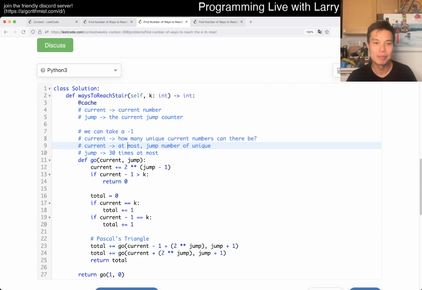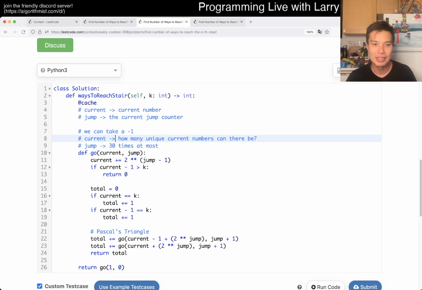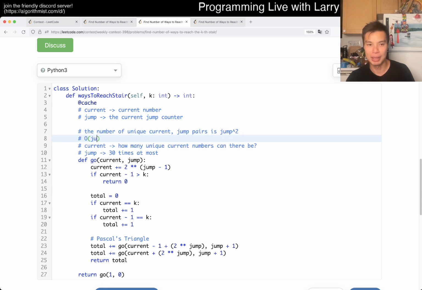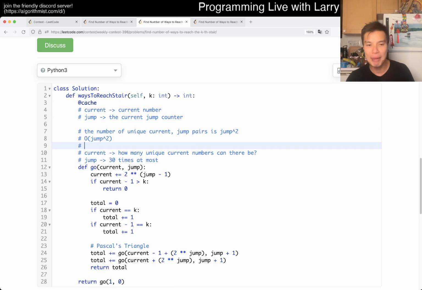So now the number of unique current-jump pairs is 30 squared, or technically jump squared. So this is going to be O of jump squared, and how many jumps do we get?